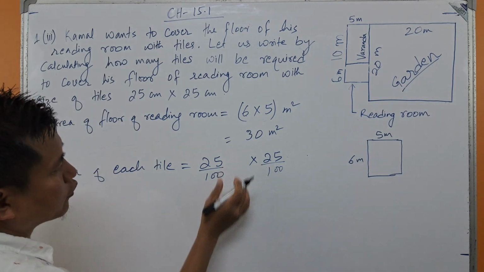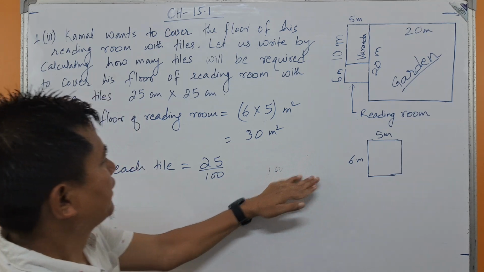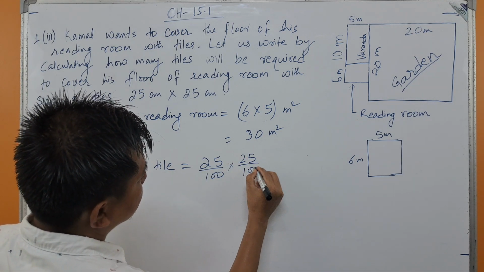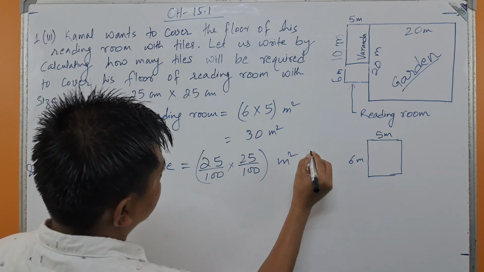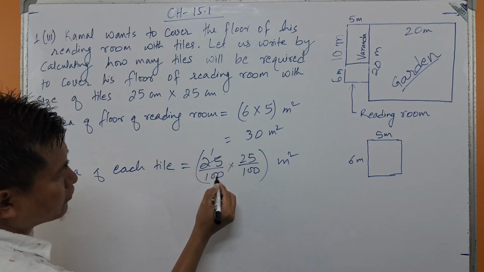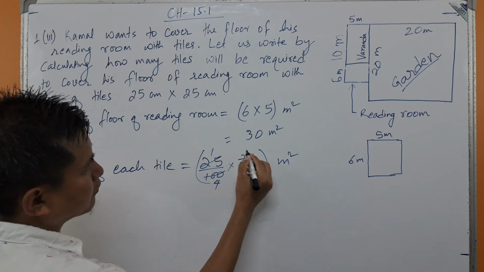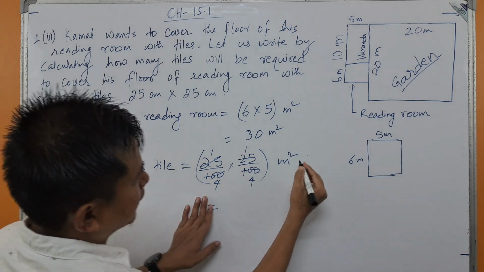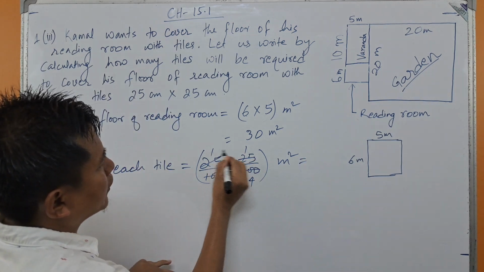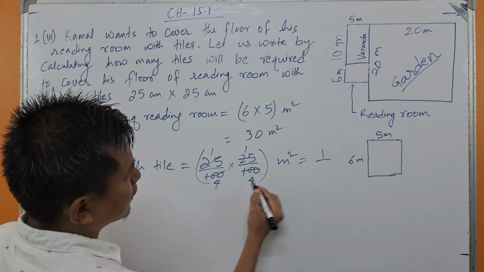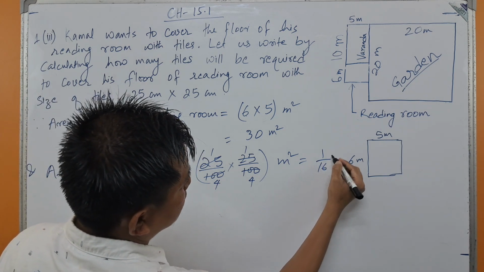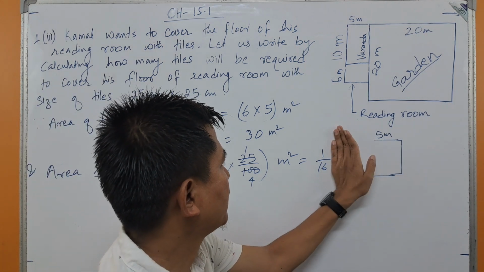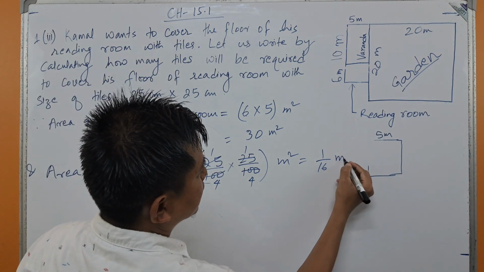Okay, 25 upon 100 into 25 upon 100 meter square. 25 1s are 25, 25 4s are 100. So this will give us 1 into 1 is 1, 4 4s are 16. 1 upon 16 meter square.